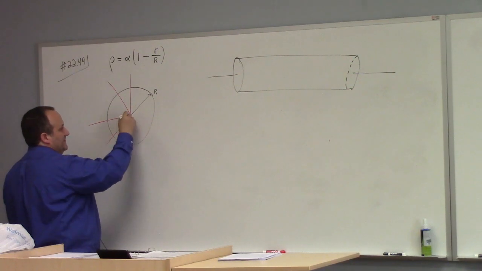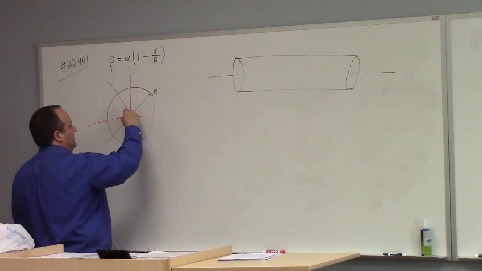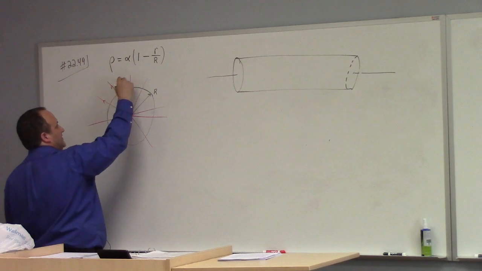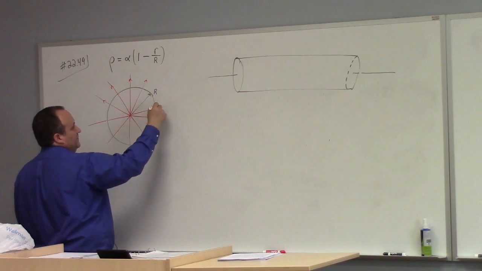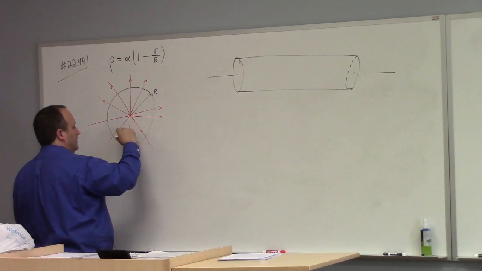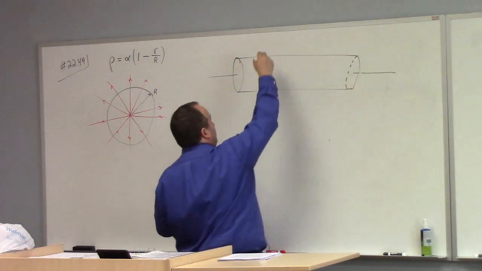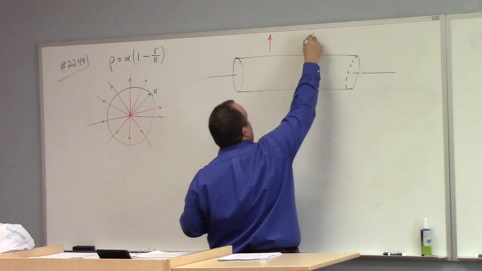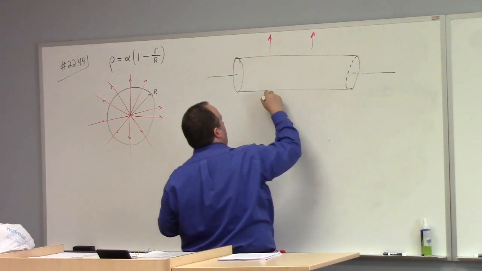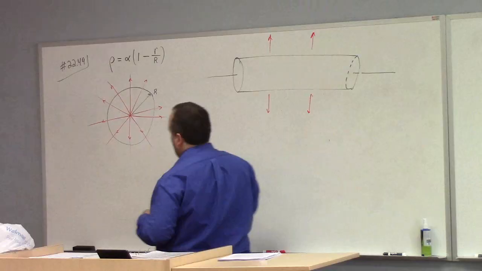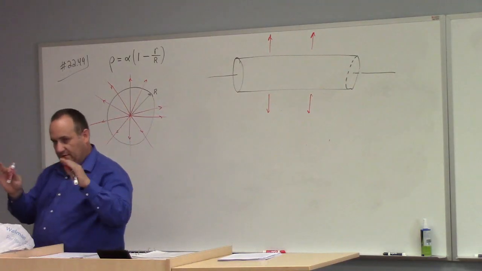Not to say that it starts just at the origin, I'm just showing the direction. It can't be along the axis. It has to be perpendicular. So the electric field is going up there, going down here, and it's coming out at us and going into the board. Do we agree on the direction?